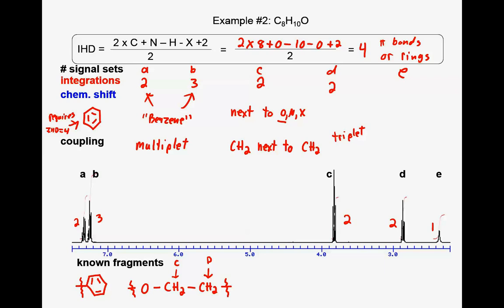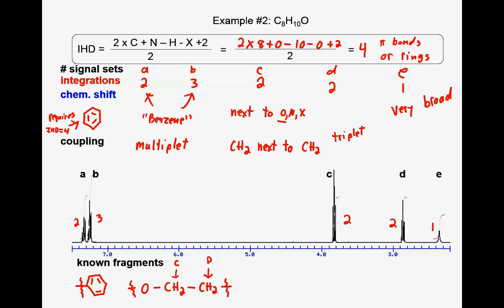Okay, so we have 1 peak remaining, and the integration is 1. Now this peak is a little bit interesting because how would you explain its splitting? It looks like a singlet, but it doesn't look as skinny as the typical singlet we've seen, does it? One thing we can say about this peak is that it's very, very broad, all right? That's going to be another piece of information that's a clue whenever we're interpreting these spectra.